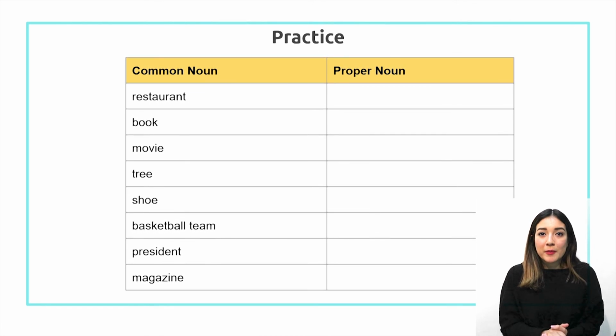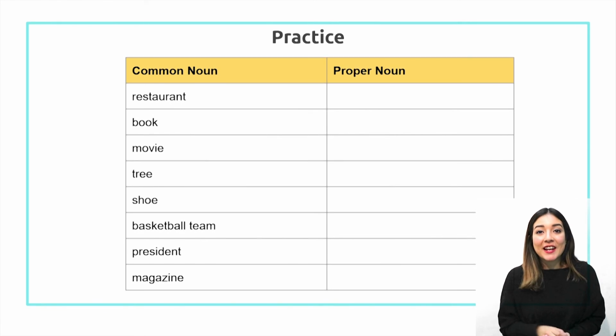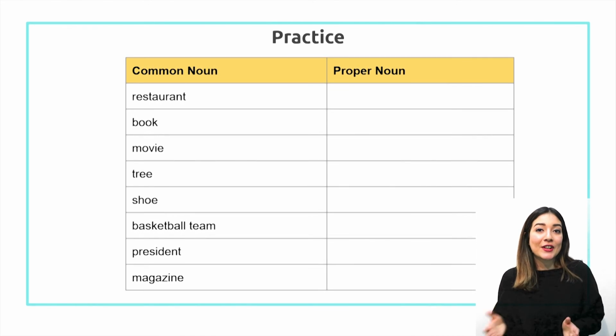A good way to remember is if you could question it, who are you talking about, or what, or where, and we can't put a specific name to it, it's a common noun. We don't capitalize the word unless it comes at the start of a sentence. And if it answers those questions for us, then it is a proper noun, requiring a capital letter at the start of that given name, place, thing, whatever it is that we're talking about.